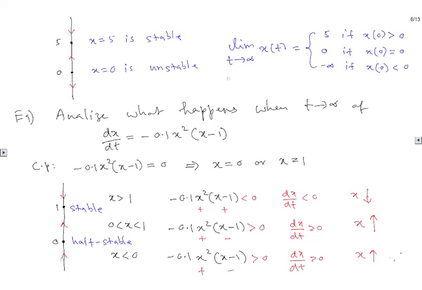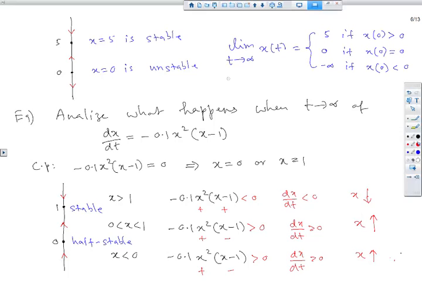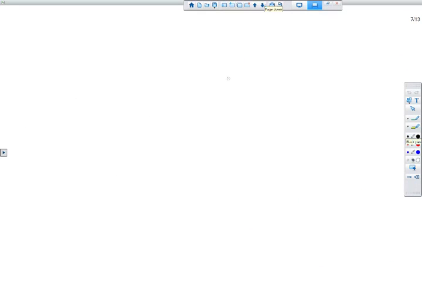So this is an interesting situation. If you start with a negative value, it's going to go to 0 and stop there. And if you start with a positive value, it's always going to reach the value 1. So we can write this: the limit when t goes to infinity of x(t) has two values.